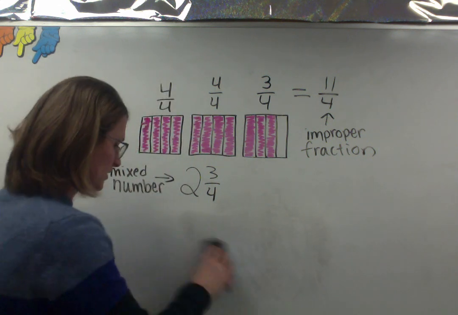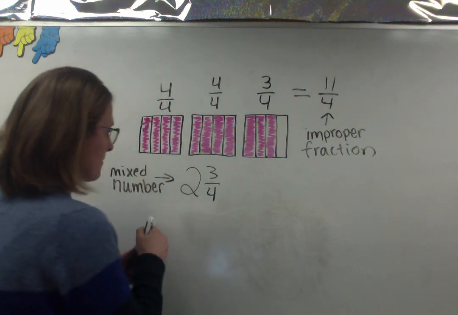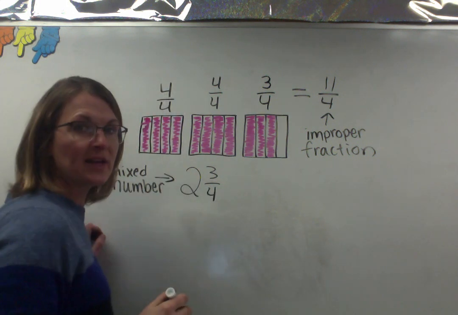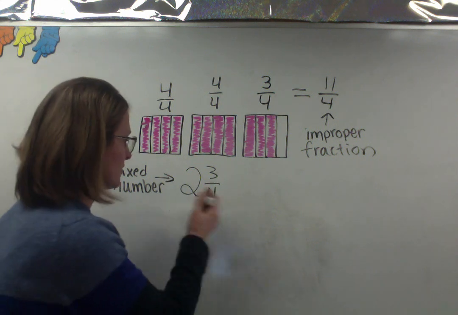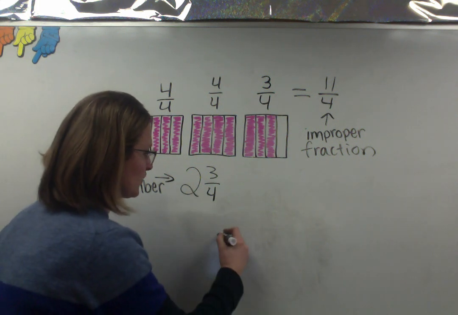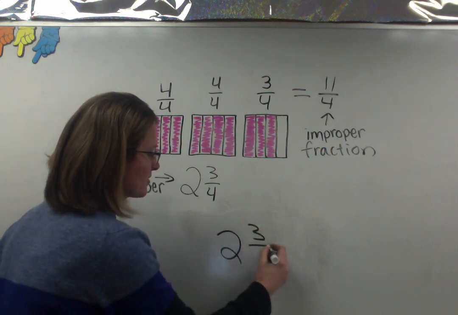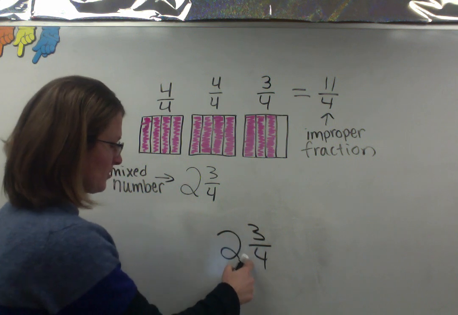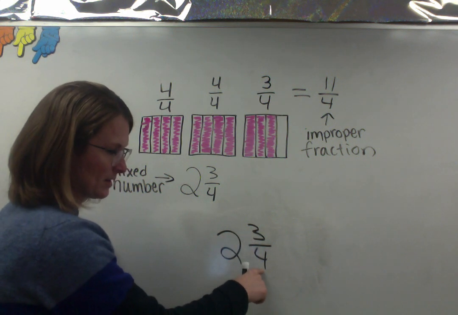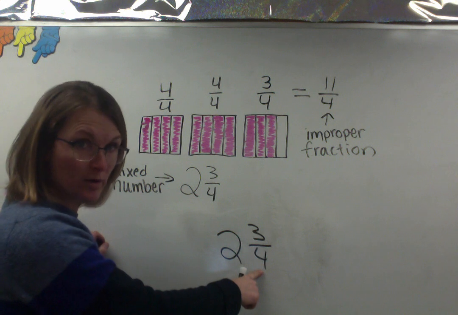Now, you can also take a mixed number and turn it into an improper fraction. And there are times that you're going to want to do this, so it's a good skill to know. So we'll, just for an example, use the number that we have so you can see how it works, all right? So if you have 2 3/4, this 4 is important because it's telling you that you have fourths.